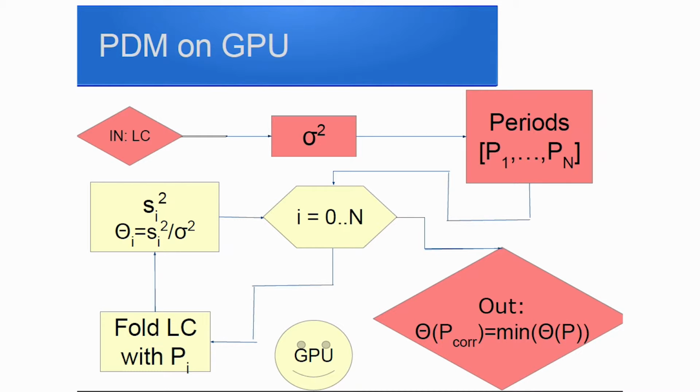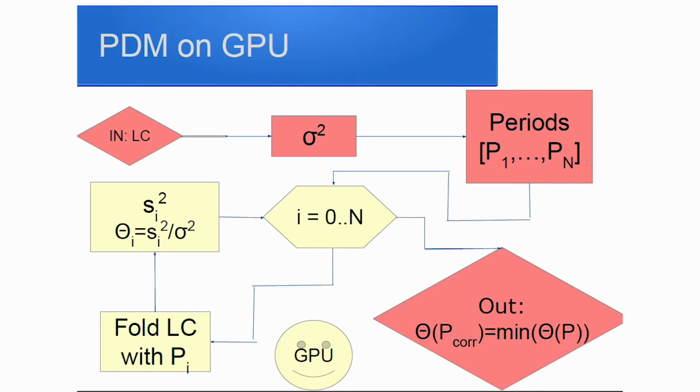And if we divide the variance of the folded light curve with the test period by the light curve's original variance, we get a variable called theta.